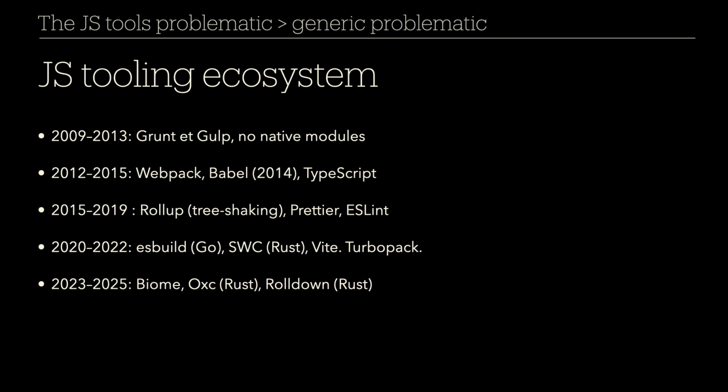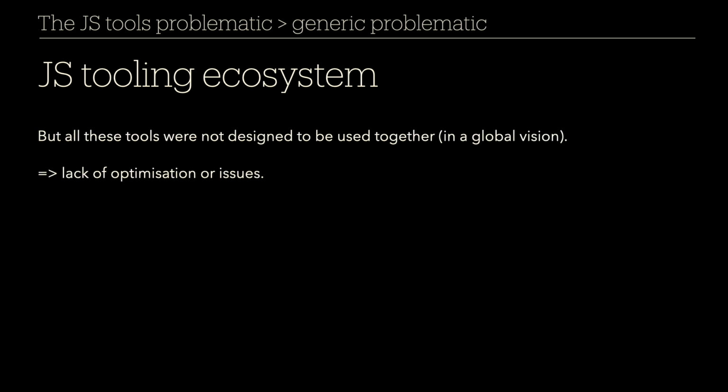So ESBuild, SWC, and Vite, which is based on these tools as well. And also Turbopack, which is doing its own thing on the base of Webpack, but it's also super interesting. And now we are more in the era of unifying things, especially with Oxy and Rolldown. But we will talk about it in a few minutes.